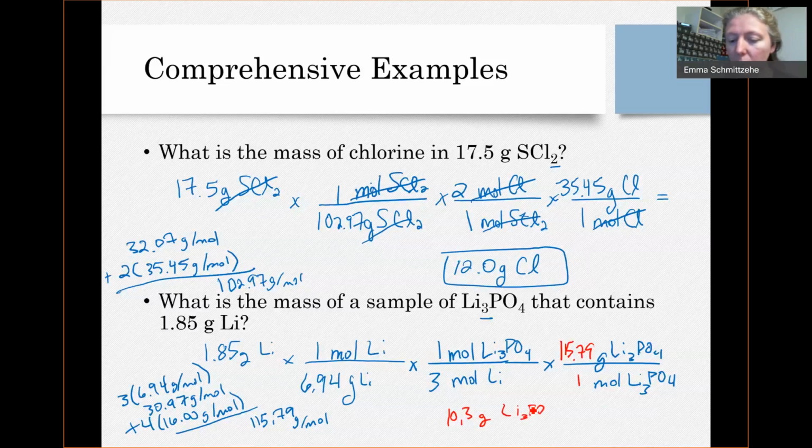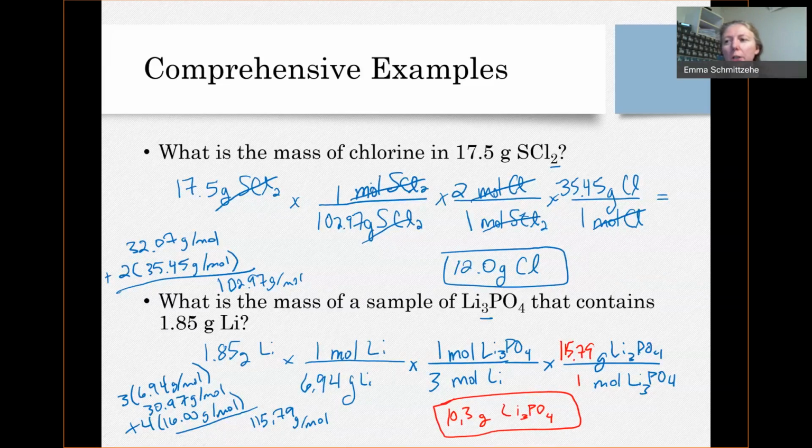So I rounded that to 3 sig figs because the 1.85 only has 3 sig figs, which is the fewest in my calculation. Okay, so that's it for some kind of review of some basic unit conversion type problems that we have.